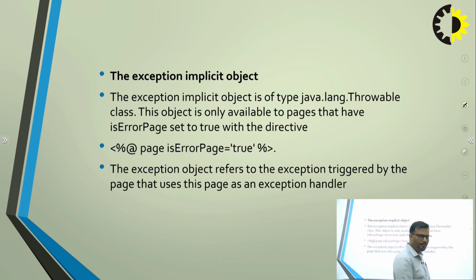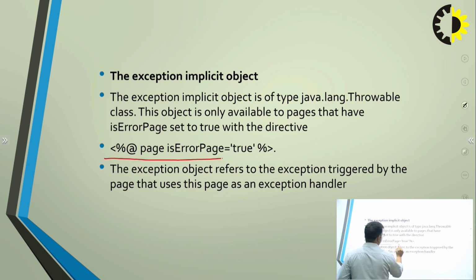The exception implicit object is of type java.lang throwable class. This object is only available to a page that has error page set to true with the directives. Here is the syntax.